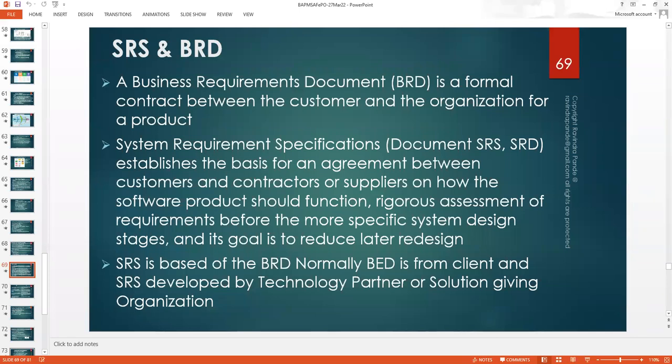So we have to supply whatever we can with the latest possible technology and the latest possible toolsets available for that. SRS is based on BRD. Normally BRD is from the client and SRS is developed by a technology partner.